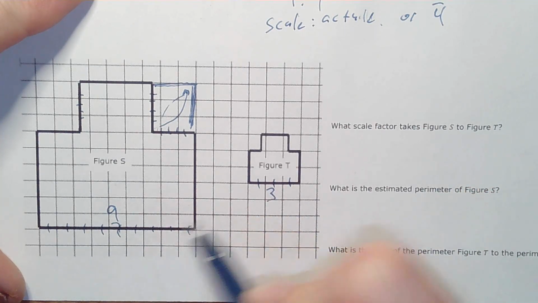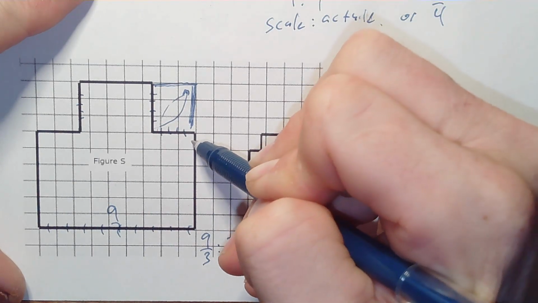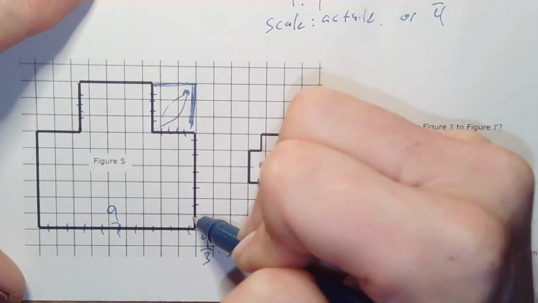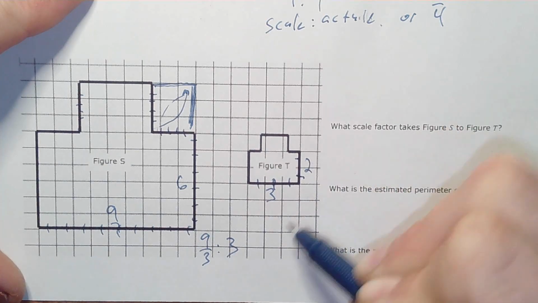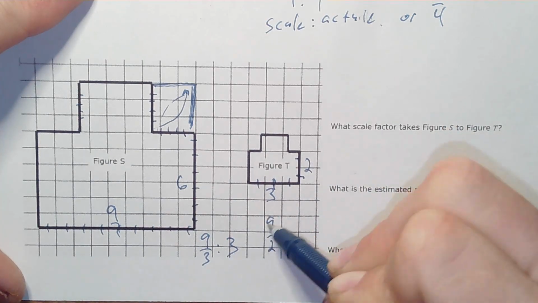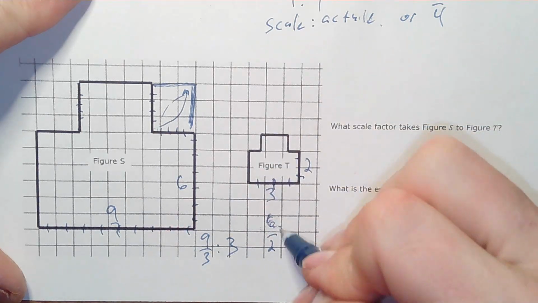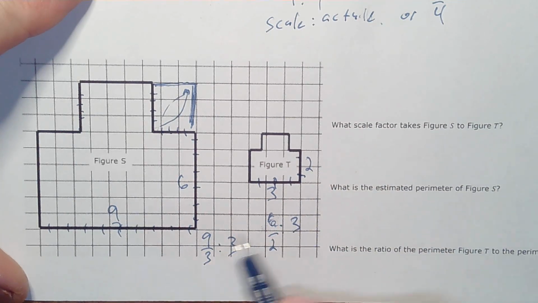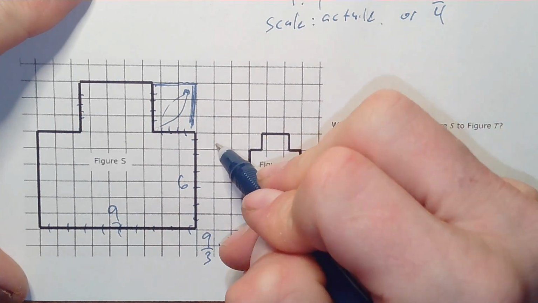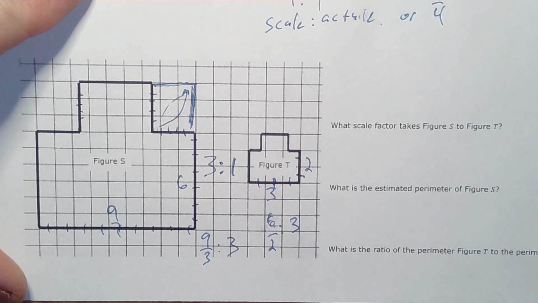So this similar part to this similar part is a 9-to-3 ratio, or a 3. If I look at this part, 1, 2, 3, 4, 5, 6 to 1, 2, this is a 6 to a 2. 6 to 2 ratio. So that's also a 3, right? So my figure S is a 6. So this is a 3 to 1 ratio.